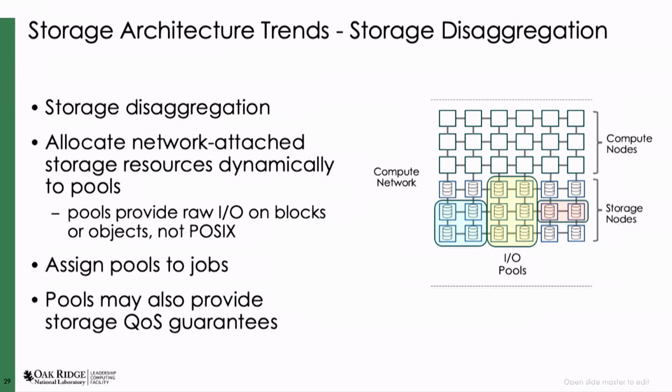The pools provide I/O performance on blocks or objects. They don't do POSIX. You can assign these pools to jobs, and pools can have different requirements in terms of storage space or quality of service. But the idea is it's much more dynamic and it meets the needs of workloads more specifically.